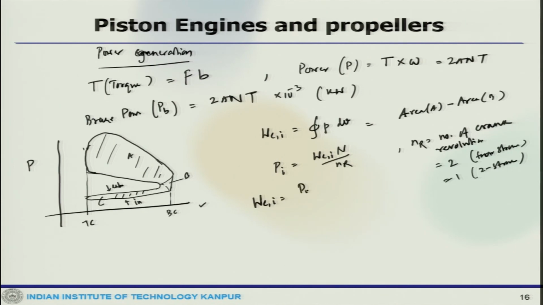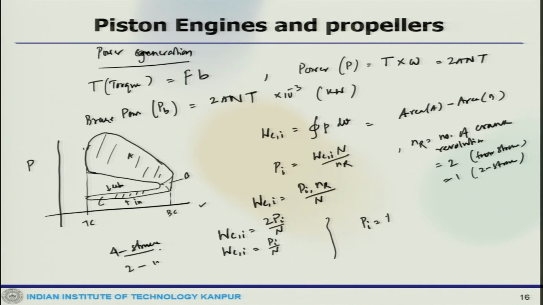And then what we get, WCI is Pi NR by N. Now, for a 4-stroke engine, this is WCI is 2 Pi by N, and for 2-stroke WCI is Pi by N. Now, the brake power can be related with the indicated power.